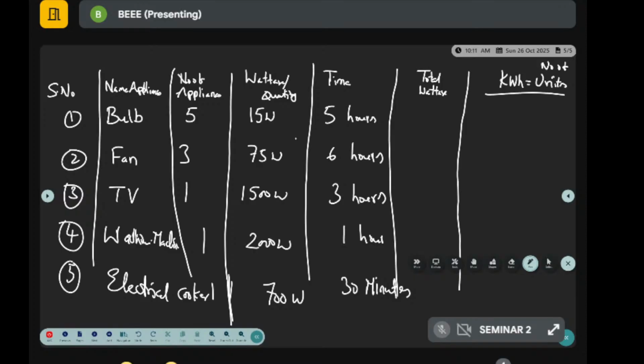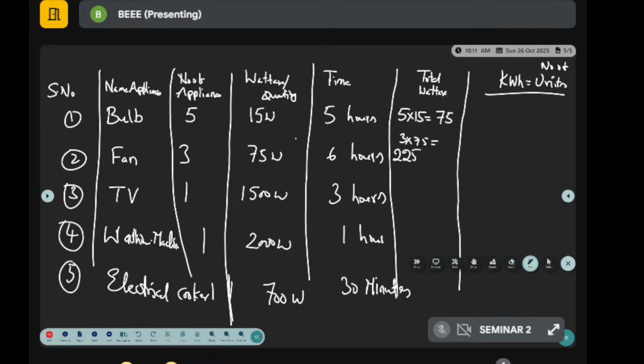What is meant by total wattage? Total wattage is nothing but simple. 5 into 15. How much? 75. Okay, 75 into 3, how much? 225. You multiply here, 3 into 75, 225.